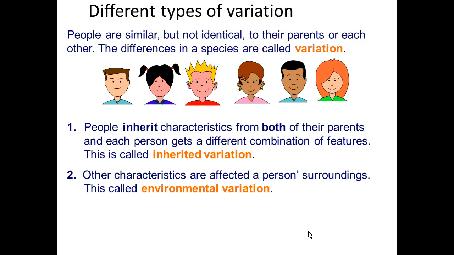When we are talking about variation due to the characteristics that you inherit from both your parents, we are talking about inherited variation. The new offspring will be a combination of the features you can see in both parents.